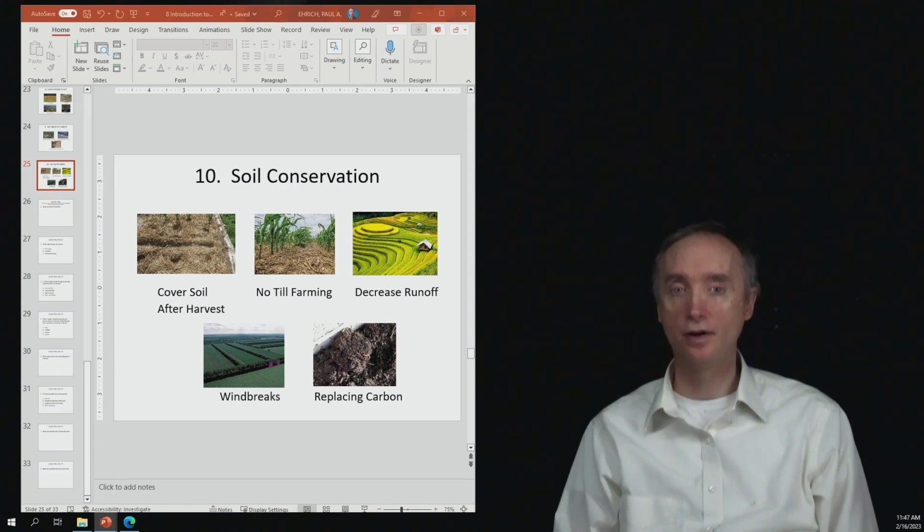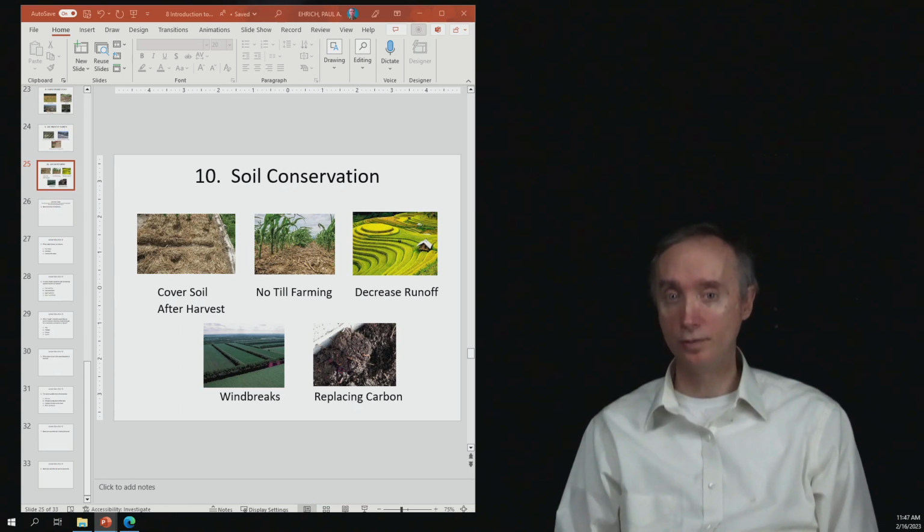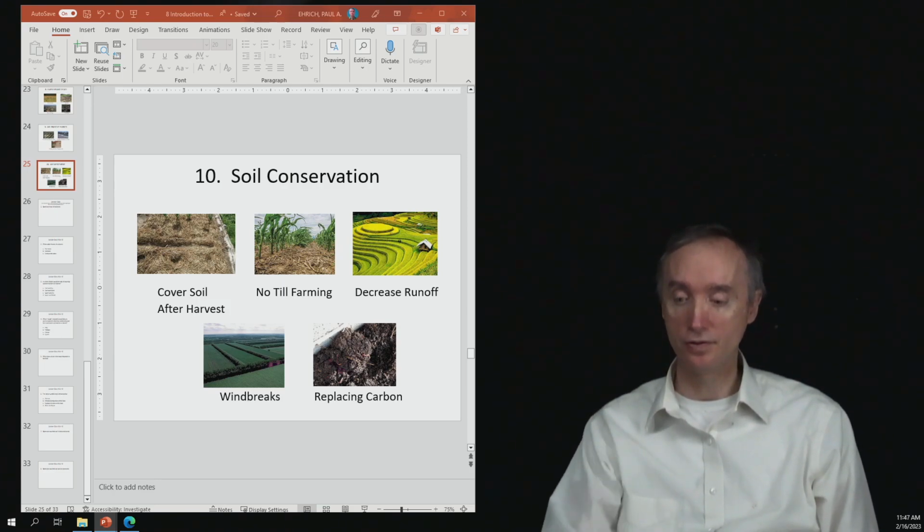You could also have terraces, which cut down on the amount of erosion. You could have windbreaks that cut down on the amount of erosion caused by wind, and then you can replace the amount of carbon in the organic material by putting manure or worms into it.